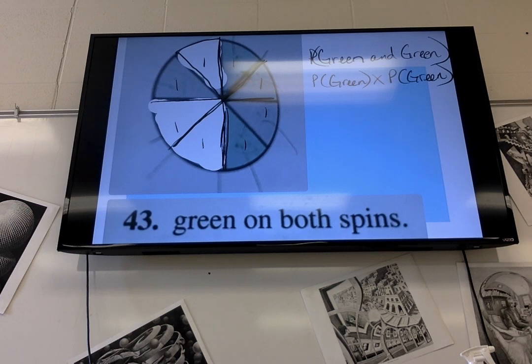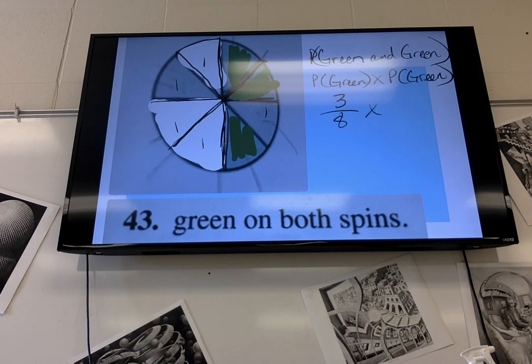Arthur, how many green ones are there? 3. Yeah, it's not perfectly easy to see, but this one, and this one are supposed to all be green. So that's 3 out of, Angela, what's the total? 8.